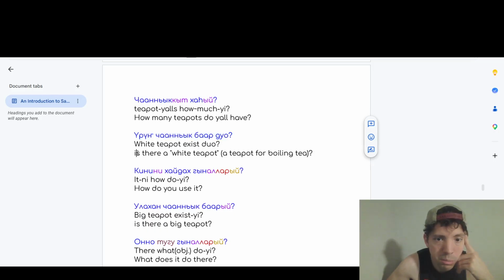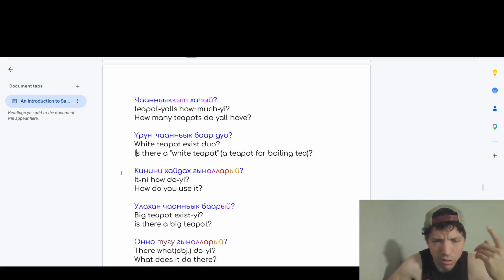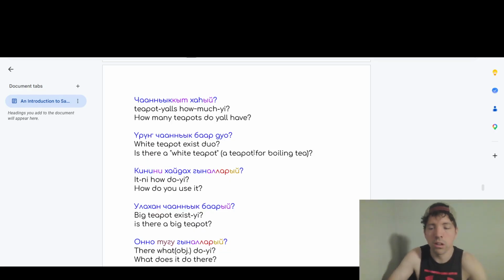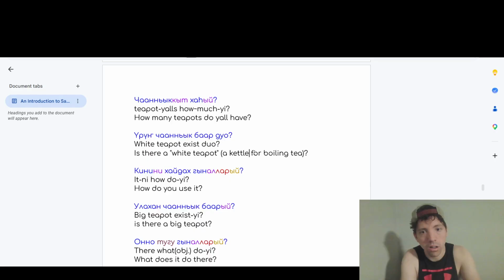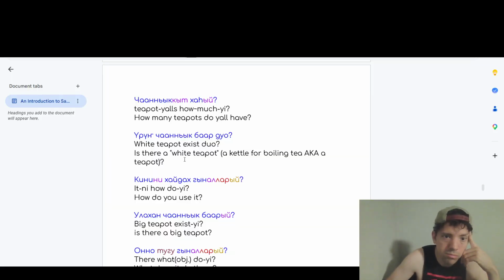Is there a white teapot, aka a teapot for boiling tea? Which is a teapot for boiling tea, a kettle for boiling tea, aka a teapot. And the question mark is for the sentence. It's a question sentence. It's not a question to what I put before it.